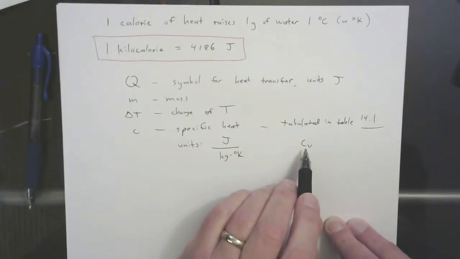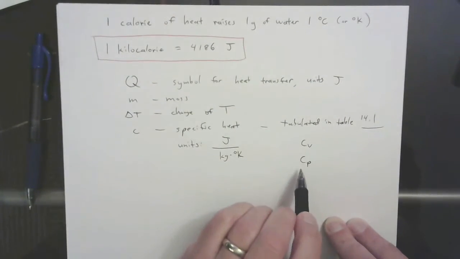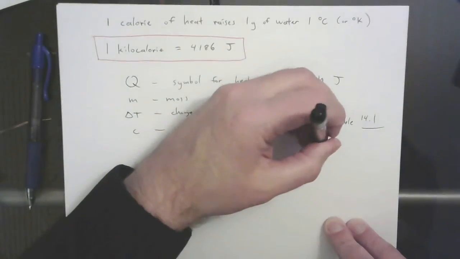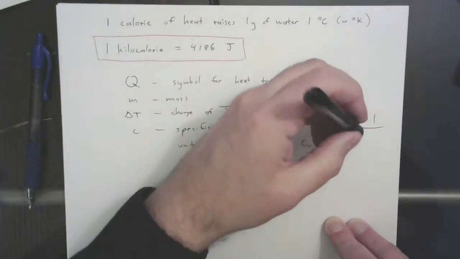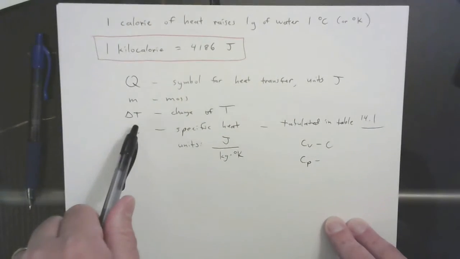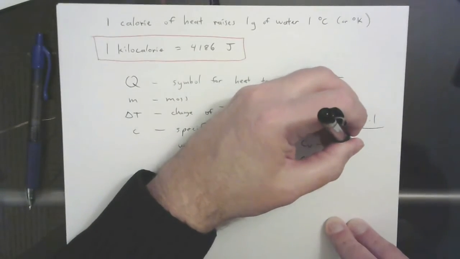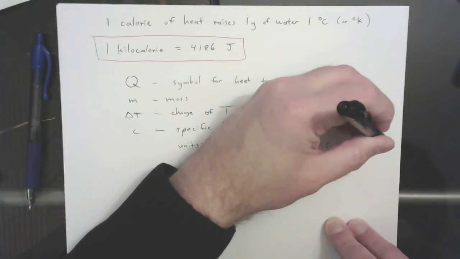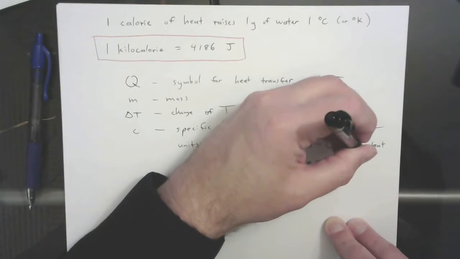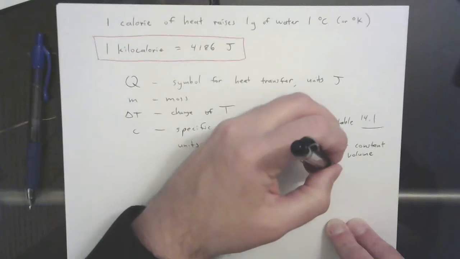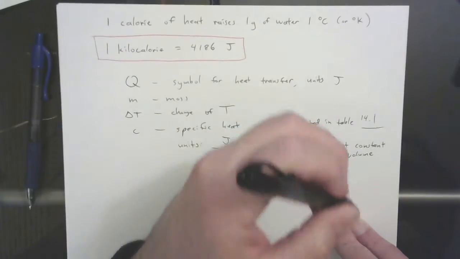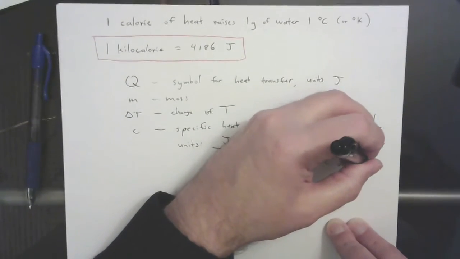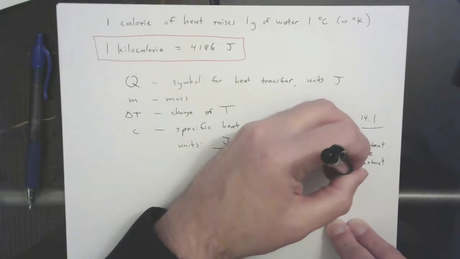They've got C with a V on it, that's for volume, and C with a P on it, that's for pressure. And CV is this specific heat at holding constant the volume of the gas. And this one is C where you hold the pressure constant when you make this measurement.